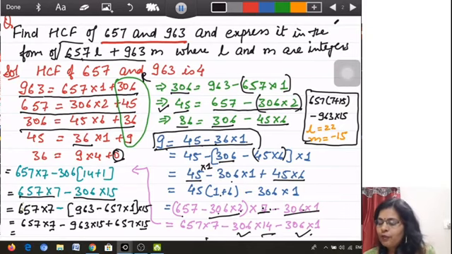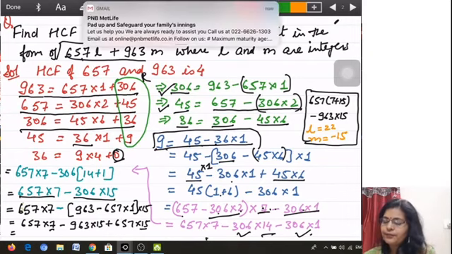So we again proceed by putting the value of 306. The value of 306 is 963 minus 657 into 1, and into 15 is written over here. Then it becomes minus 963 into 15 and minus plus 657 into 15.